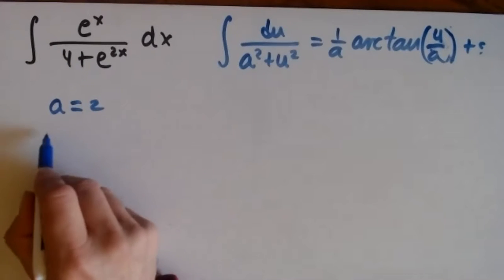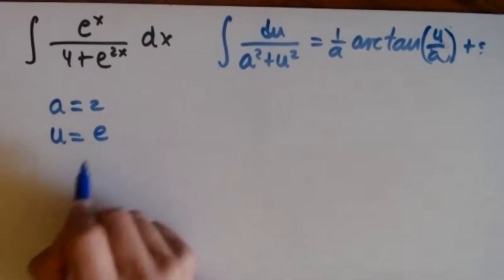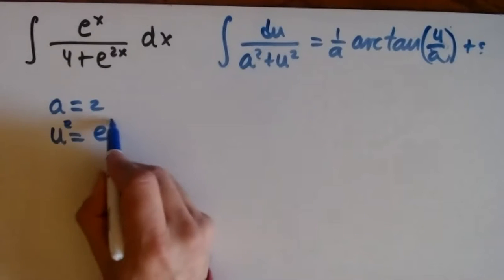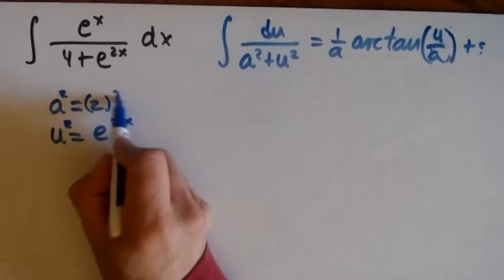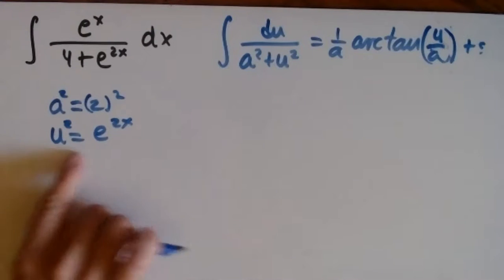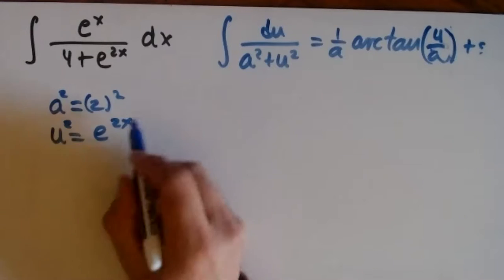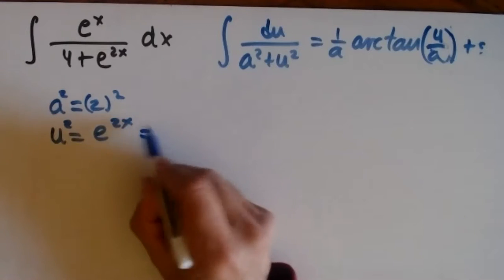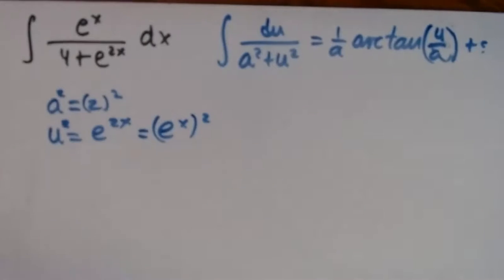Then the u has to be, u squared is e to the 2x, correct? So a squared is the square root of 2 squared. Let's just do it like that now. And then I have to remember this. e to the 2x is e to the x squared. Why?